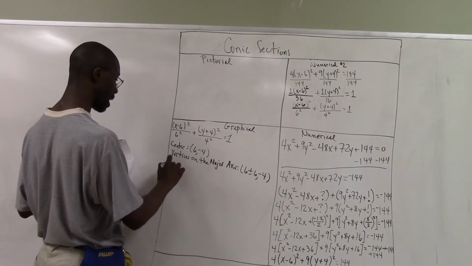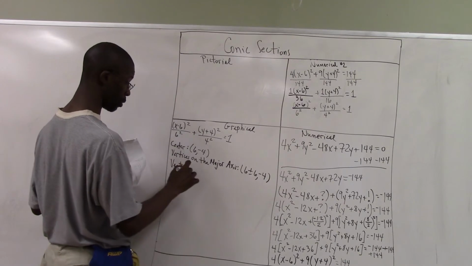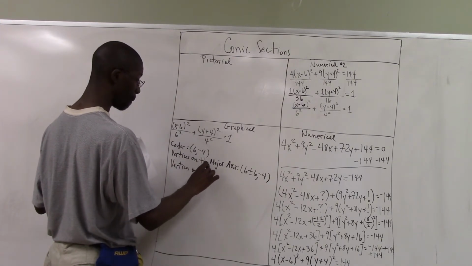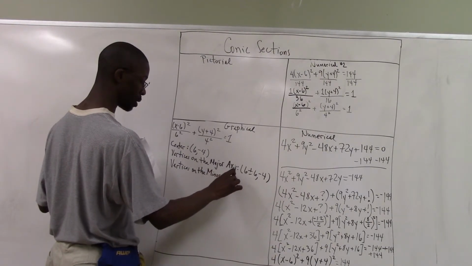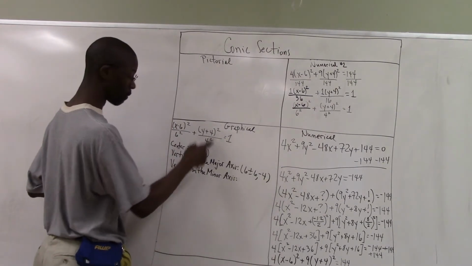And now we must do the same process for the vertices on the minor axis. Vertices simply means points of intersection. Because the horizontal axis was the major axis for this problem, the minor axis will be the vertical axis.